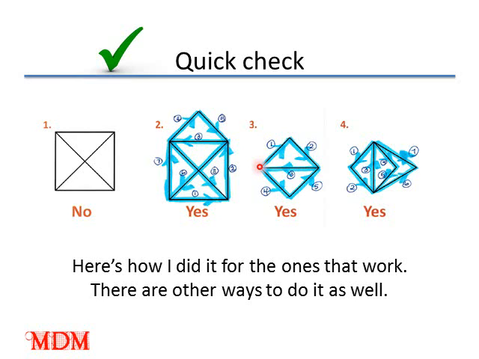Similarly, I started at the left on number 3 and traveled through a path that allowed me to trace the figure. With 4, I started at the top vertex and went down to the left as I traced through the edges.